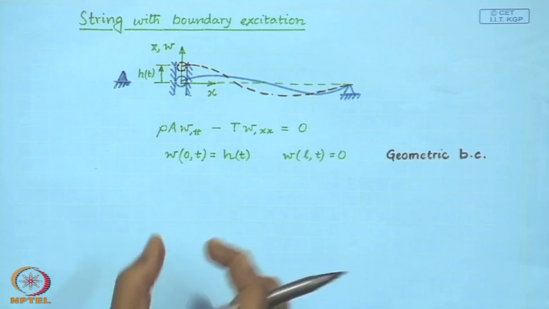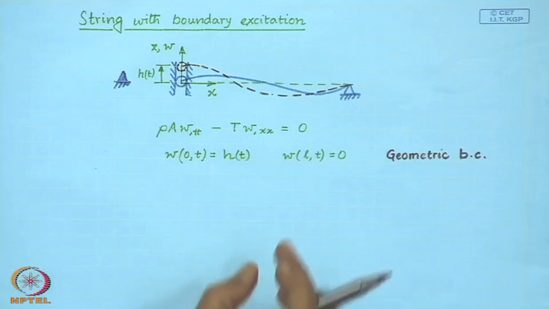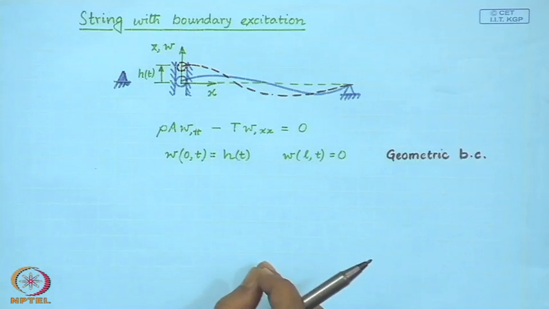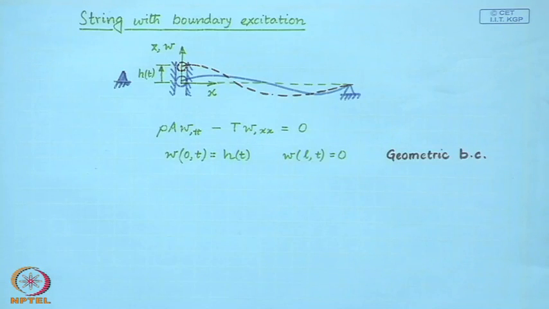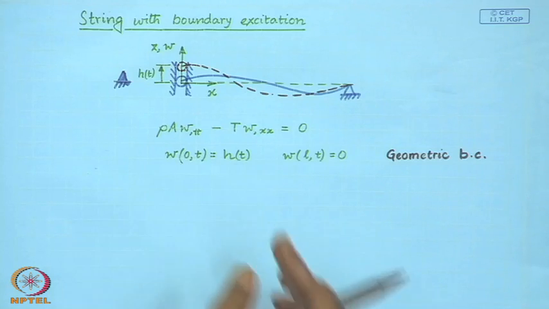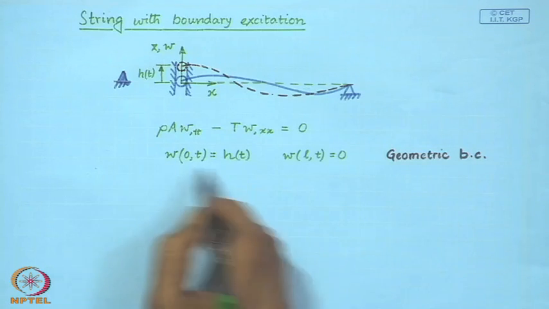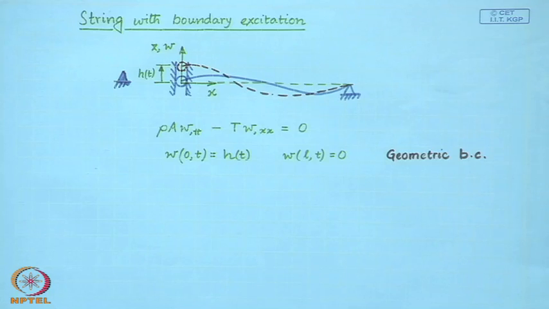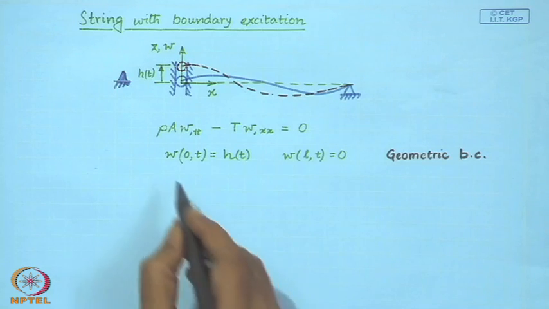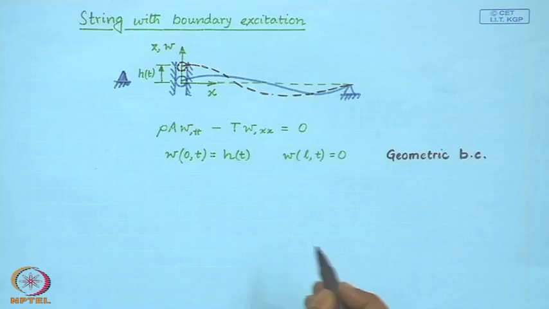So, what we want to see is whether this problem, which is a boundary excitation problem, a string with boundary excitation, can be converted to homogeneous boundary conditions. This boundary condition, for example, is non-homogeneous.